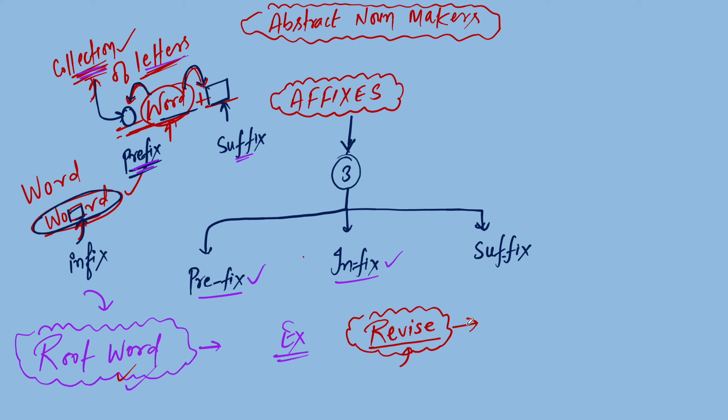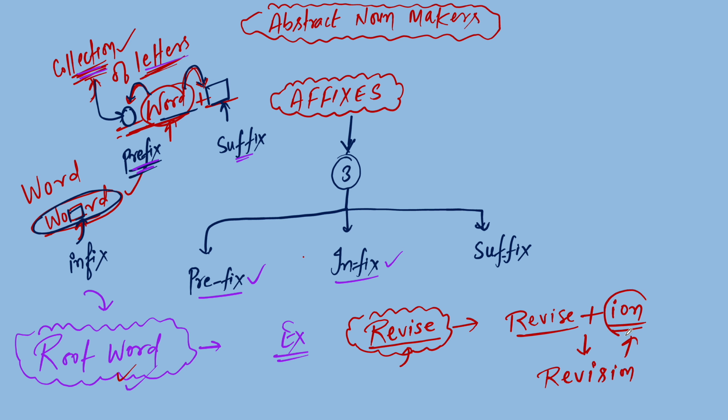So what will I add to the word revise? See, I'm going to add I O N, I am just putting ION. So when I add this ION to this word, the word will look like this: revision.